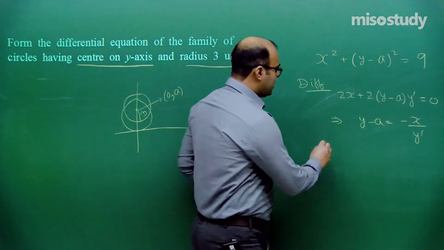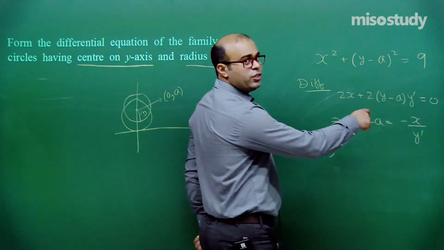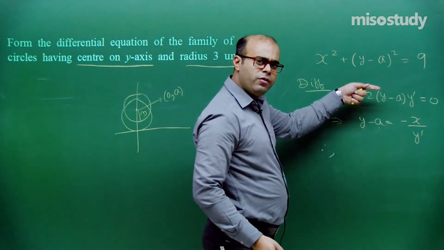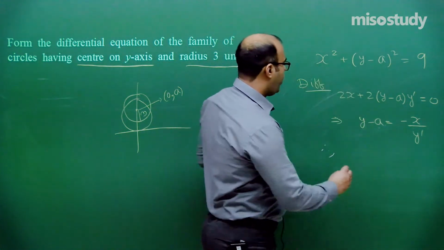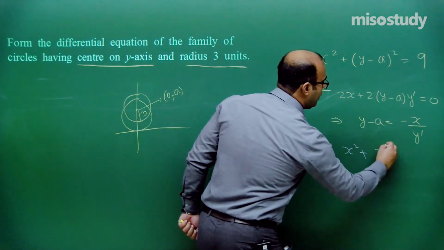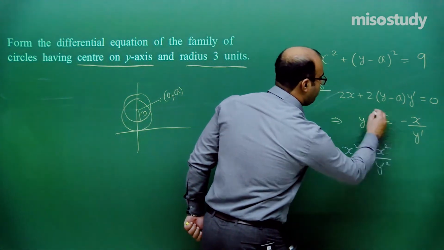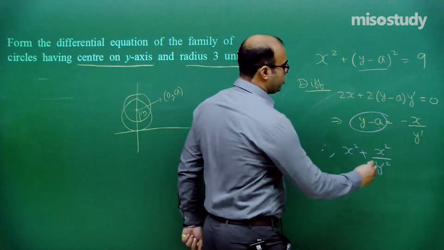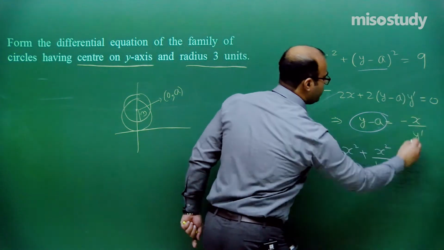We won't differentiate it again because there was only one parameter, so we differentiate it only once, the first order derivative. So x square plus (y minus a) square is x square by y dash square. We replace this y minus a by minus x by y dash, is equal to 9.